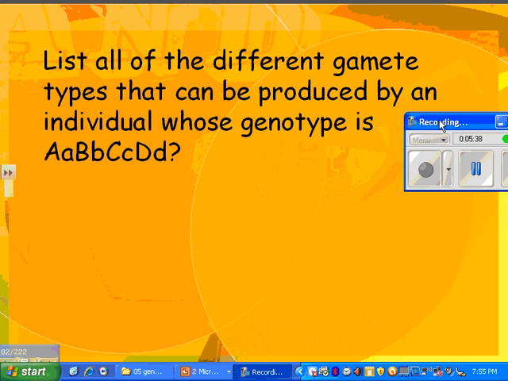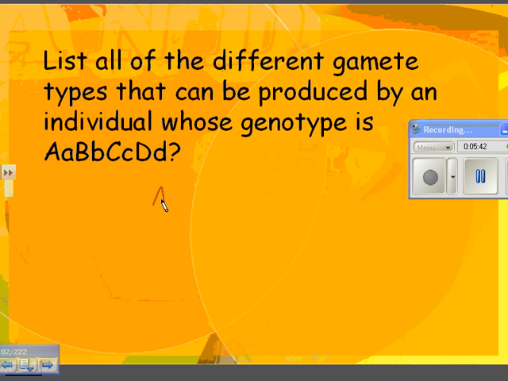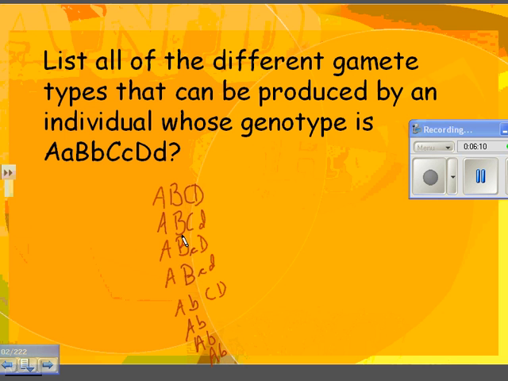So list all of the different gamete types that can be produced by an individual whose genotype is this. So let's see. Oh man, this is ugly. A, B, C, D. A, B, C, little d. A, B, little c, big D. A, B, little c, little d. Oops, pretend that's a B. A, B, I'm just going along with all these.